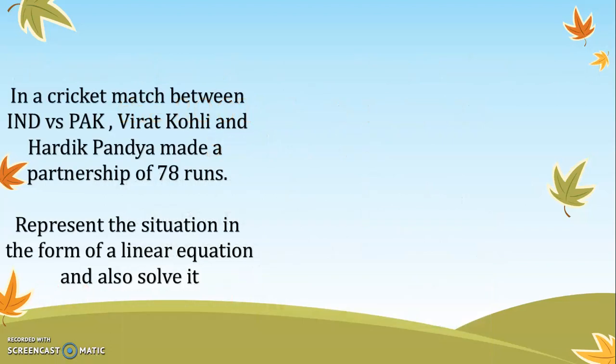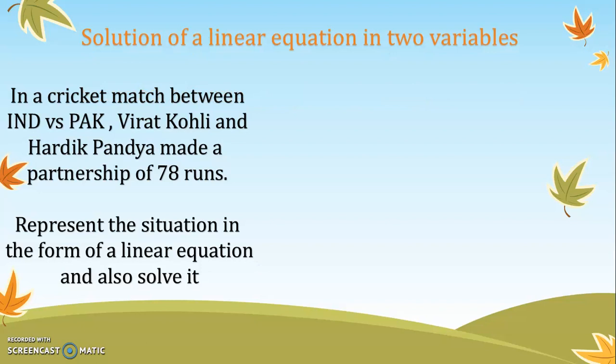Okay, so now let us go back to the cricket match example. Now let us look at the solution of a linear equation in two variables. Earlier we saw how we solve a linear equation in one variable. Now we will look at solving a linear equation in two variables.